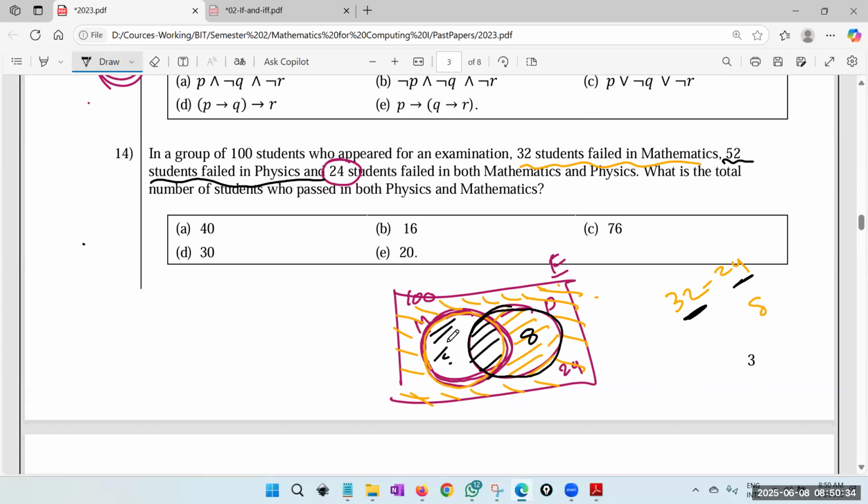Okay, so therefore, this part must be 52 minus 24, because this part plus this part is 52. So 12 minus 4 is 8, then 4 minus 2 is 28. Okay, so then this must be 28.